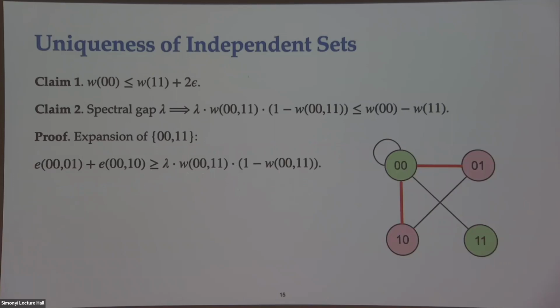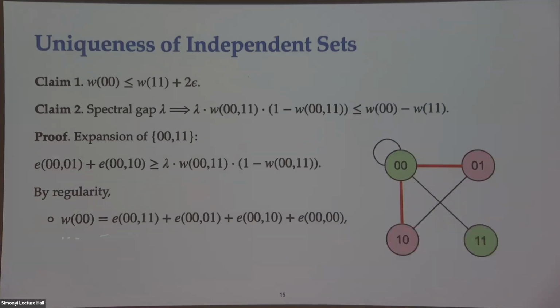Now here we want to use the regularity of the graph. By regularity, the weight of a set of vertices equals the weight of the incident edges of this cluster. So W(0,0) is equal to the edges incident to it: this edge, this edge, this edge, and this edge. It's the sum of these four.